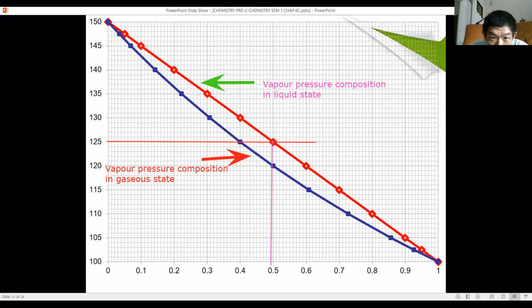Because don't forget, this graph is a two-way graph. What does it mean by a two-way graph?